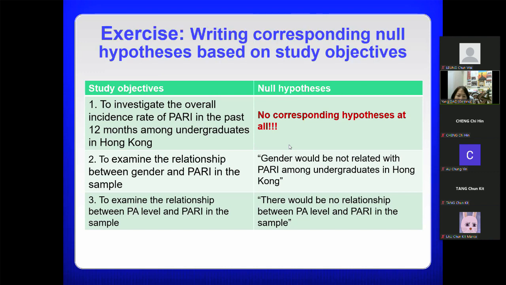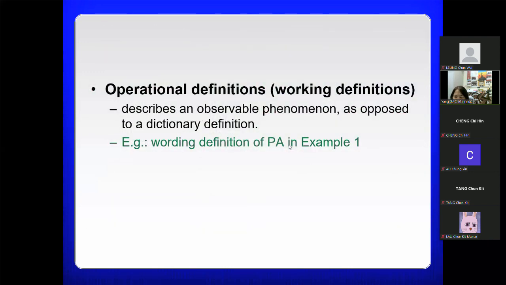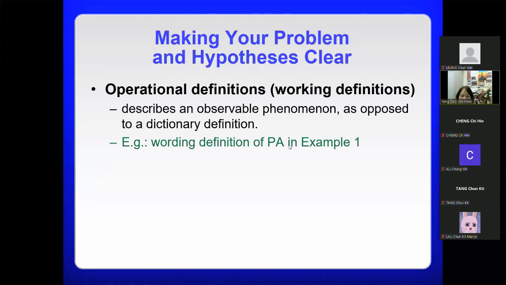No? Then we go to the last part. Consider the operational definition. That means to consider the variables you want to measure.